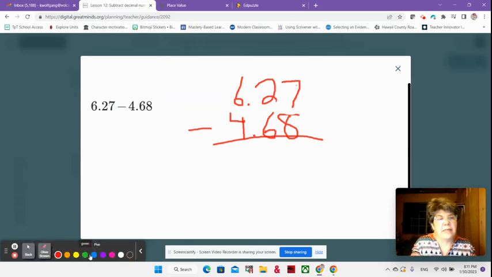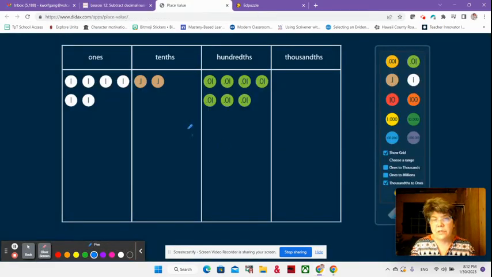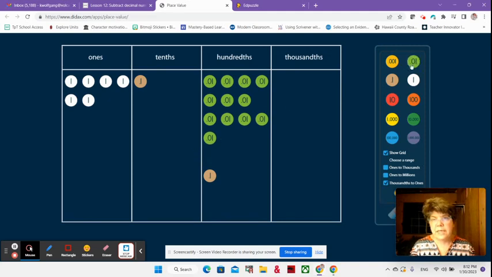You might be saying, yes, we need to take away and borrow, right? So this becomes 17 hundredths, and this becomes 1 tenth. And that makes sense with the place value too, because what we're going to do is take one of our tenths and put it over here, and change it into 10 hundredths. So now we have 17 hundredths. Do you see how we borrowed? Yeah, we borrowed 10 hundredths.